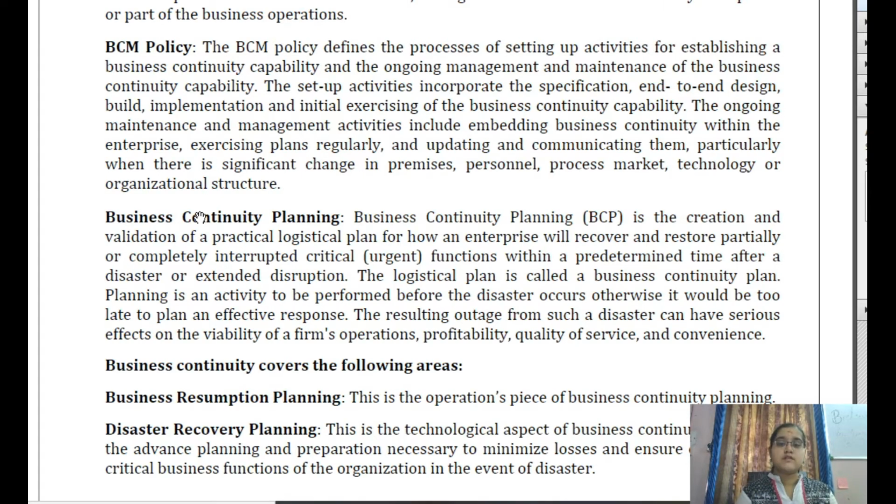Therefore, the plan focuses on logistical things when the disaster happens: recover and restore the critical operations so that the organization becomes functional in the least possible time. The resulting outage of a disaster can have a serious effect upon the viability of firm operation. That's why we need to have a strong plan to cope with any kind of disaster.